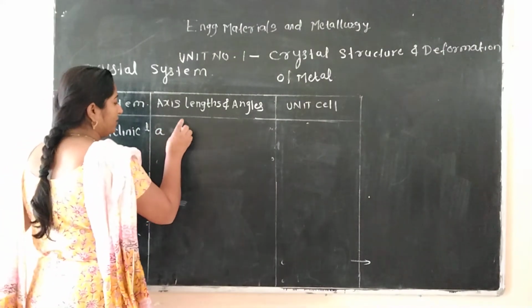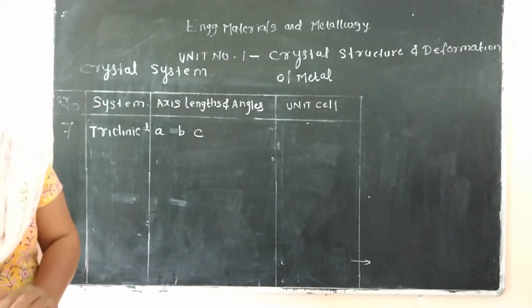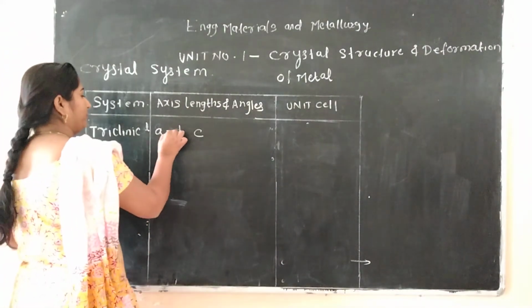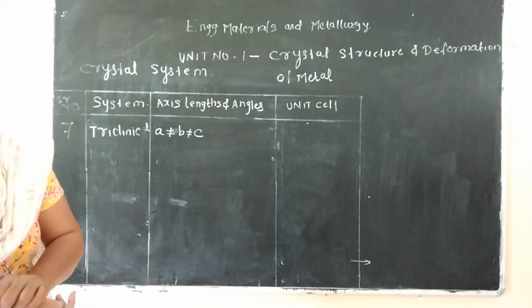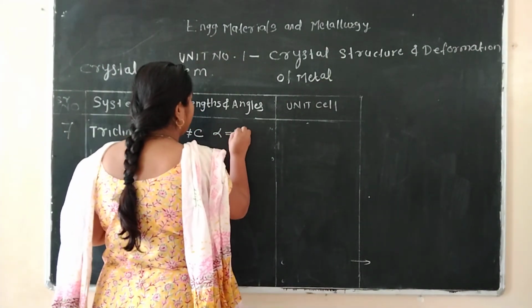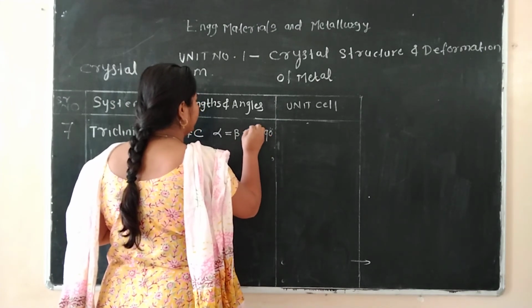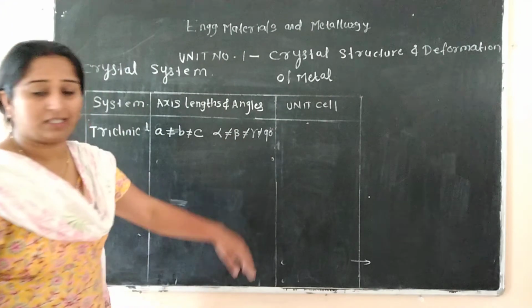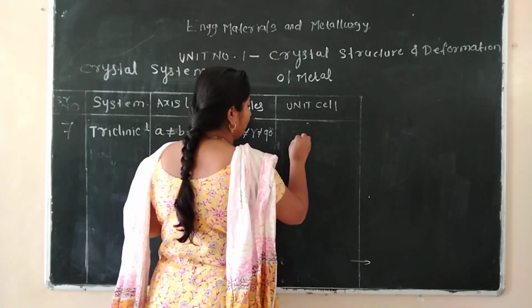Parameters a, b and c: a is not equal to b, not equal to c, and the angles alpha, beta and gamma are not 90 degrees. All these three are not 90 degrees. That means the structure will be like this.